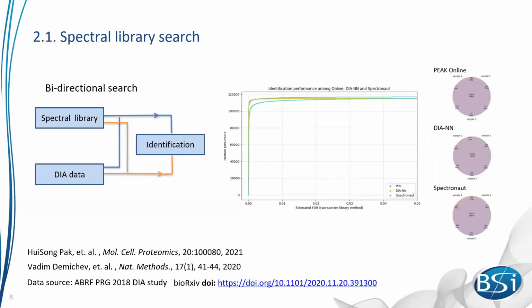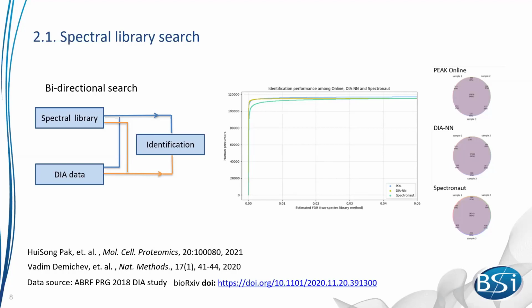And here I list two benchmarks with common data sets. The first one is relatively simple, from the ABRF PRG study group in 2018 for DIA study. The data was generated from high-throughput digest.